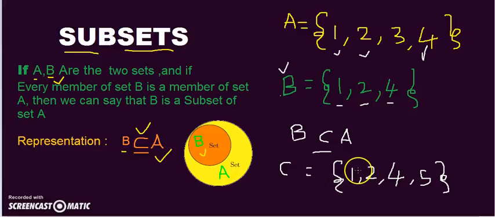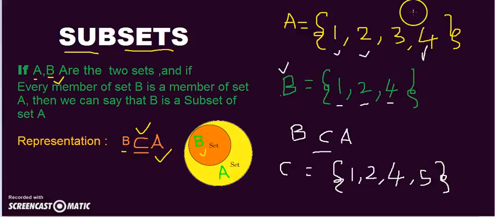Even though the number of elements in C is the same as A, if you compare the elements in C, the element 1 is in A, element 2 is also in A, element 4 is also in A, but element 5 is not in A.